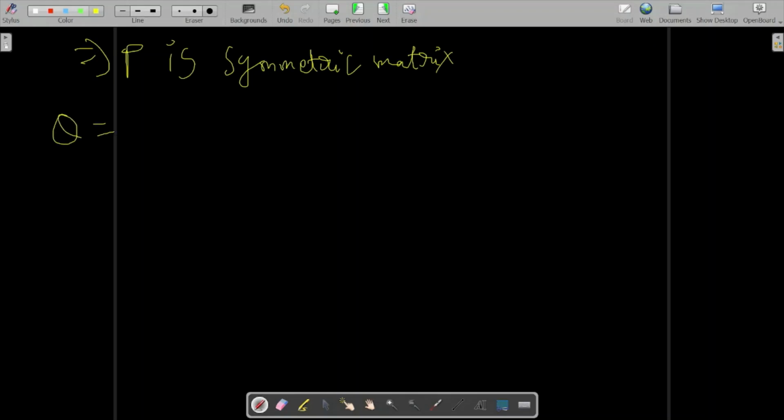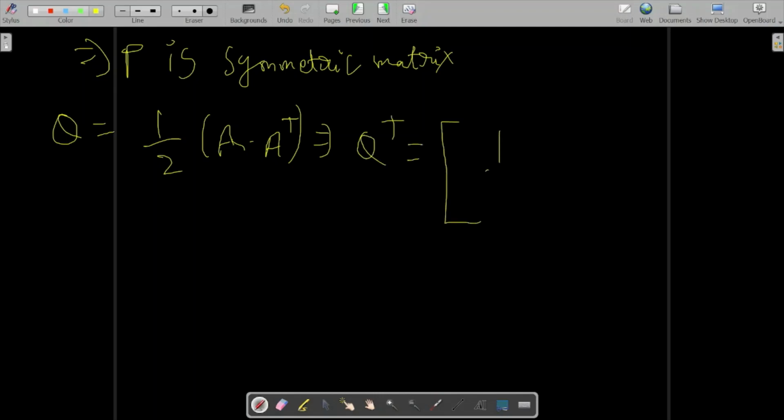Similarly, we will take Q transpose. Q is half of A minus A transpose. So Q transpose will look something like this: half of A minus A transpose, whole transpose.